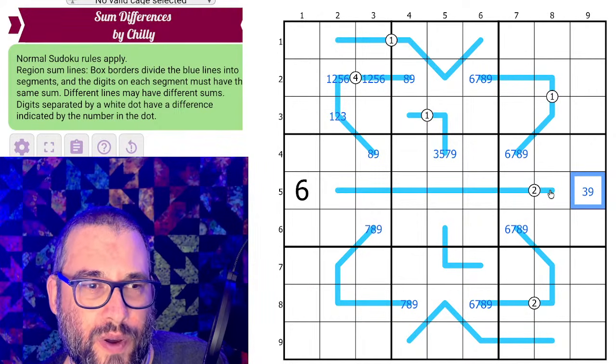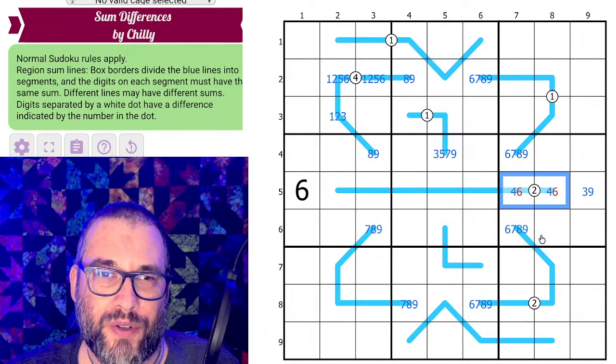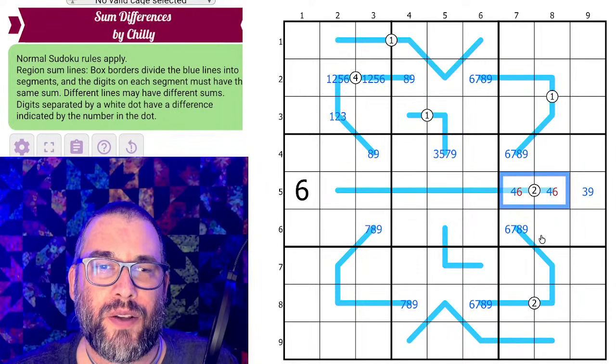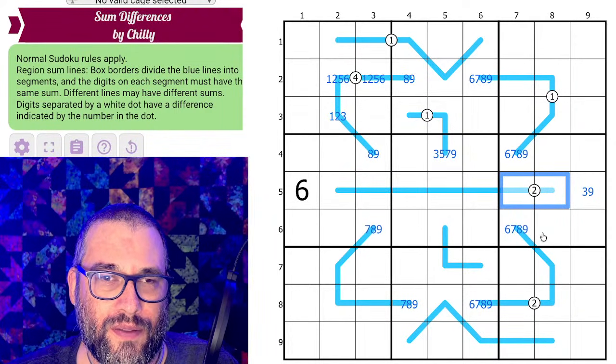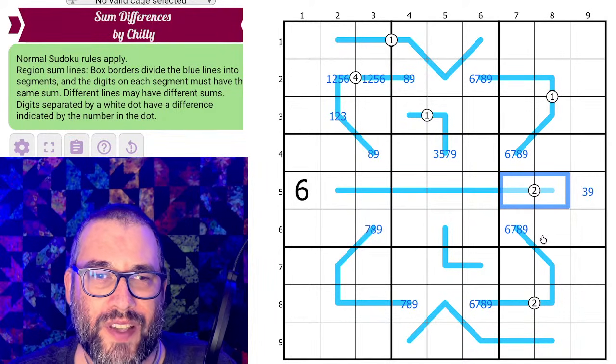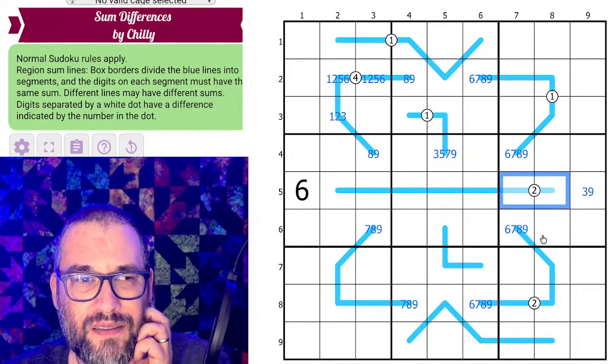The sum is 12 or 14. Which makes this 4, 6. Which, not 4, 6. 5, 7, or 7, 9.